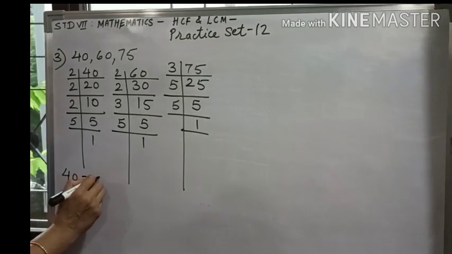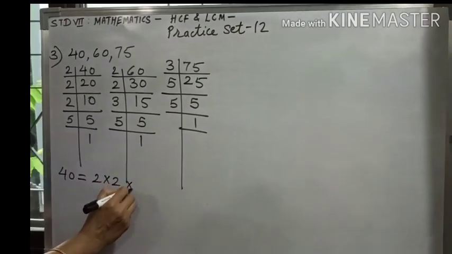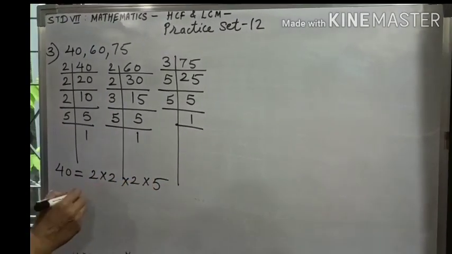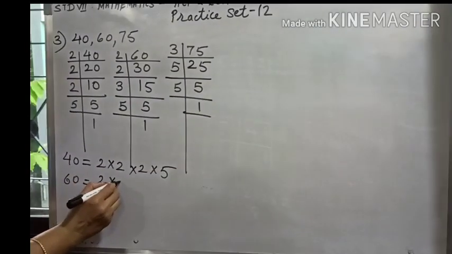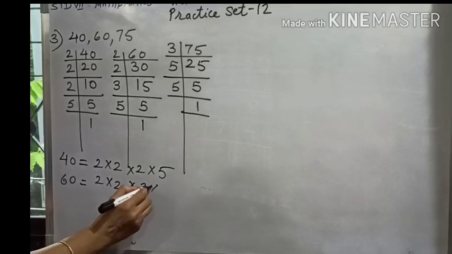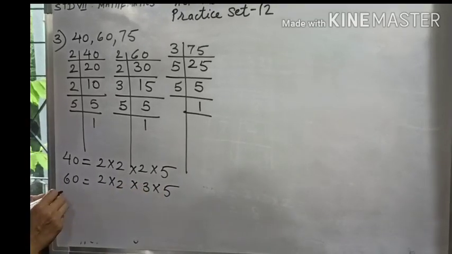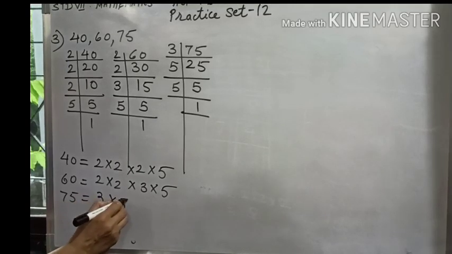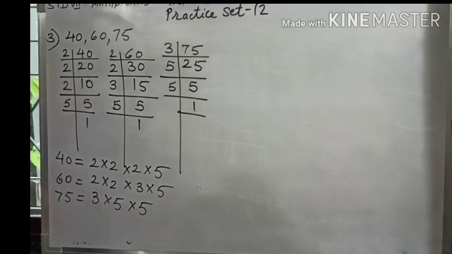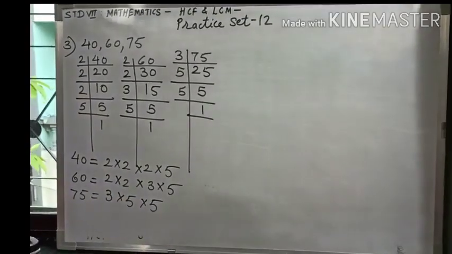Factors of 40, then factors of 60, factors of 75. Now find out the common factor.